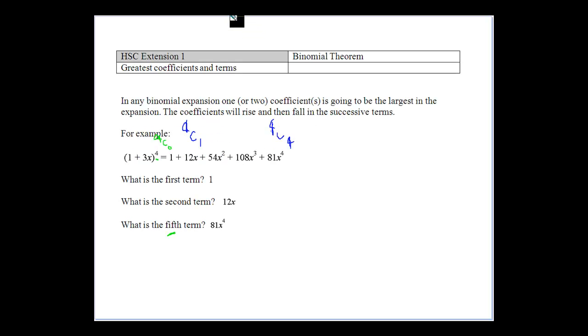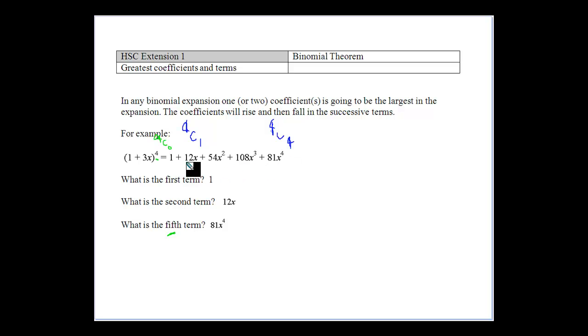If we're going to get a greatest coefficient, what we want to do is have a look and go, well, in our coefficients here, 108 is the greatest. So it must get to a point where the coefficients get the greatest, and then they start to get smaller, unless it's at the end.